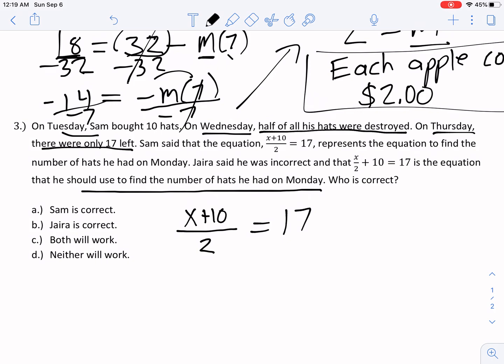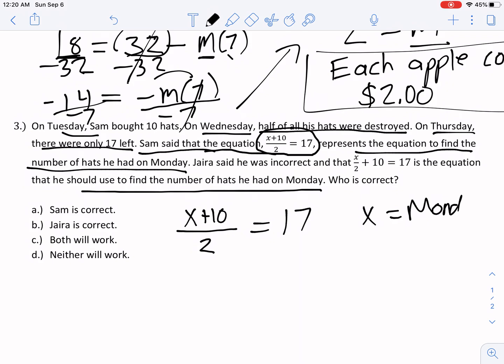So what Sam said, Sam said that this equation, x plus 10 divided by 2 equals 17, represents the equation to find the number of hats he had on Monday, which is exactly what we said here. X was Monday. By Tuesday, we added 10 more.